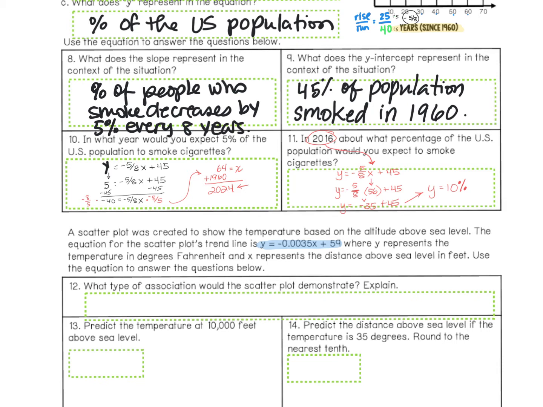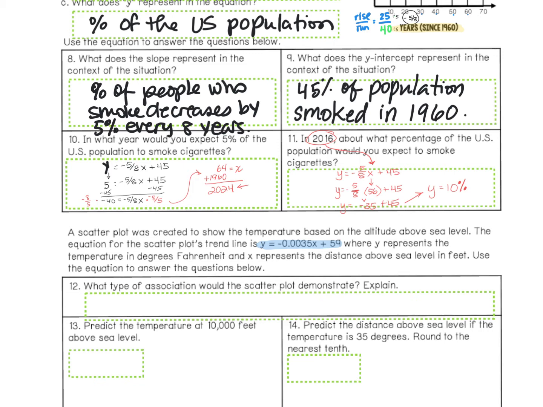The equation for the scatter plot's trend line is y equals negative 0.0035x plus 59. Y represents temperature in degrees Fahrenheit. X represents distance above sea level in feet. Use the equation to answer the questions below.